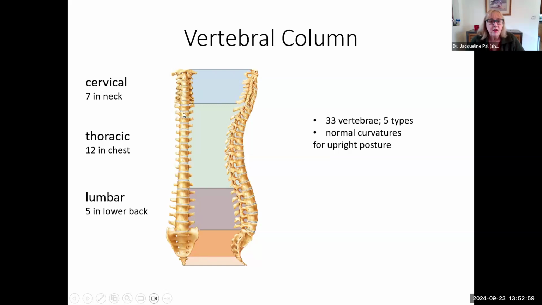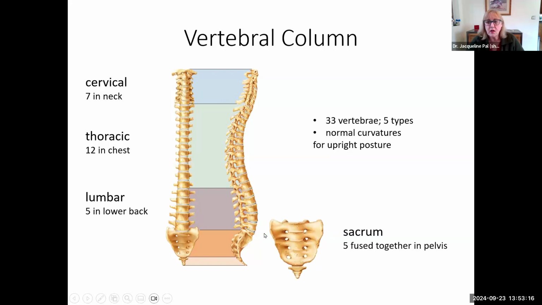Okay. So below the lumbar vertebrae, we have this triangular shaped one, which basically is 5 vertebrae which have fused together. And this whole big thing is called the sacrum. And this is located in your pelvis.